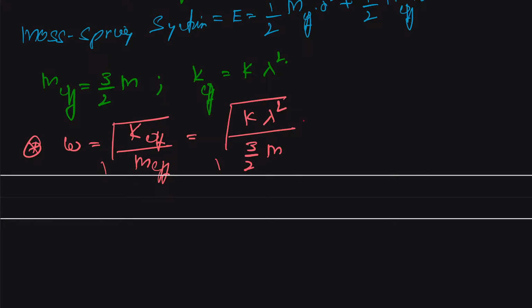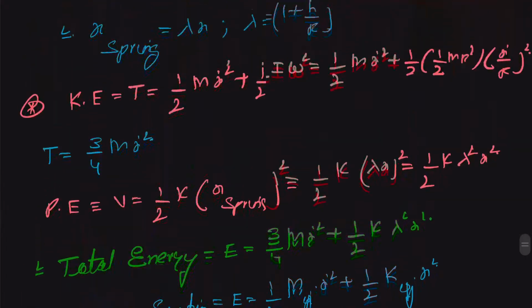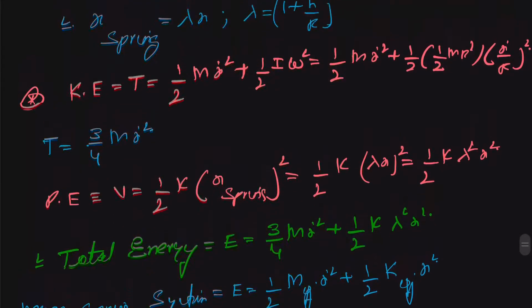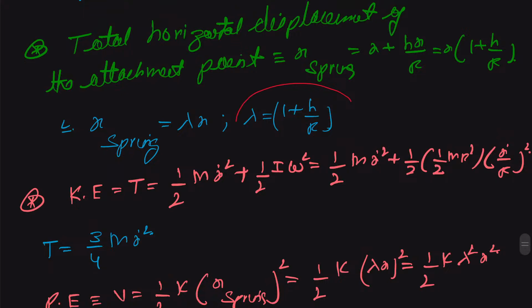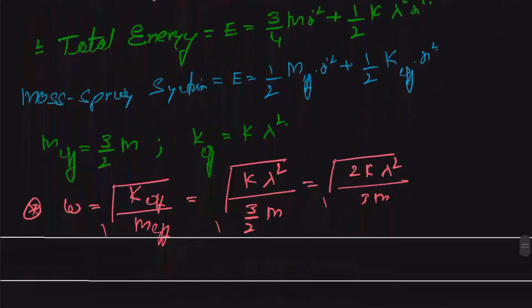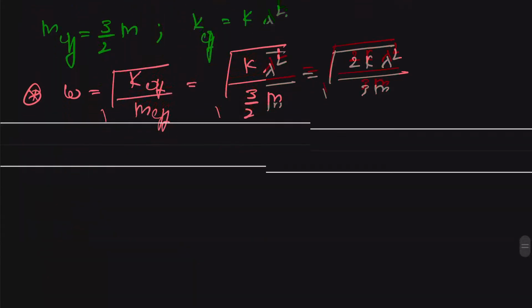So this comes as the square root of 2k lambda square divided by 3m. And lambda we already know is 1 plus h upon r, which can be easily substituted. Okay.